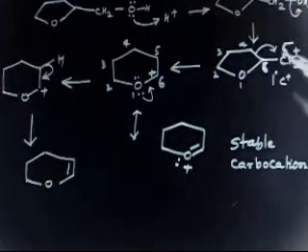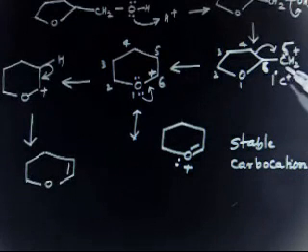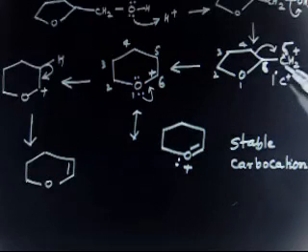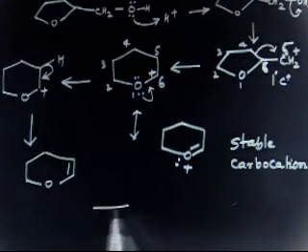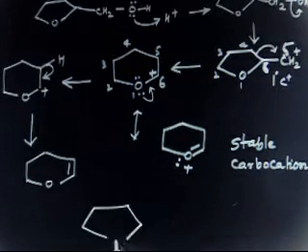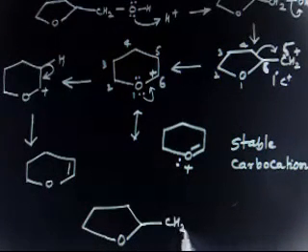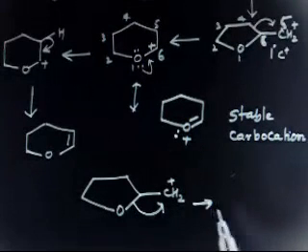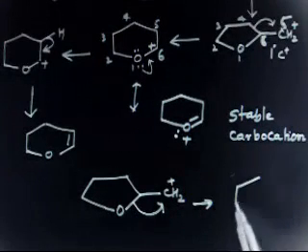Now one important point also that we have addressed earlier. At this point I have two choices. Either I can migrate this group or I could have migrated this group. Let us see what happens if you migrate this group. CH2 plus. Now if you migrate this group, again you will get a 6-membered ring.